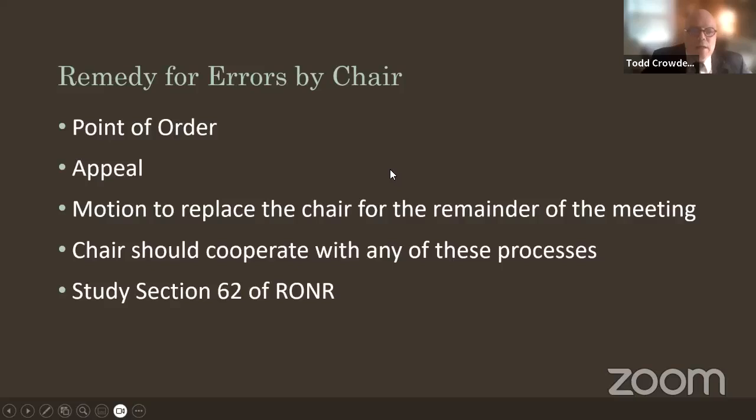And the chair then, and this is important to remember, the chair must rule on the point of order. A lot of times, if the chair's answer to you isn't satisfactory, it might be vague or not a real answer, but you're entitled to a ruling on your point of order.